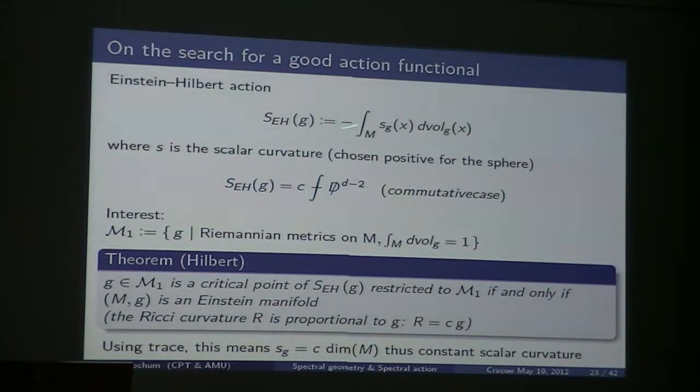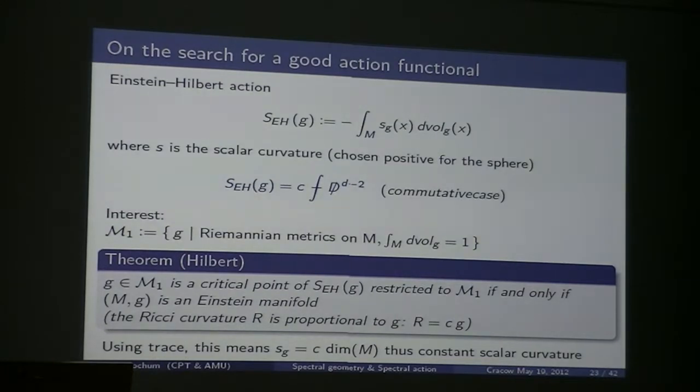Here I put a minus sign because I choose the curvature to be positive for the sphere. In the previous algebraic context, this can be written like this: it's nothing else than the non-commutative integral of D slash to the power d minus 2.